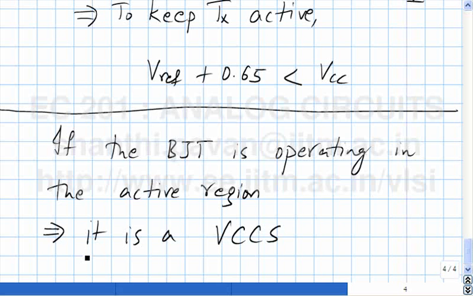In principle, there is no limit on GM, because GM is of the form IC by VT. So by burning more and more current, in principle I can get as large a GM as I want, just like in the MOS case. You understand?